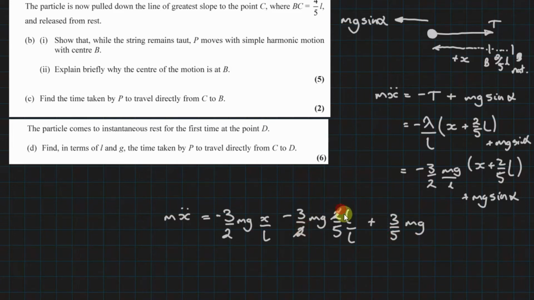Simplify this one in the middle, and we get minus 3/5 mg plus 3/5 mg. That's the correction for the equilibrium. The stretch to get to the equilibrium is balanced by the weight of the particle. So these two cancel out. This gives me my final version of the acceleration formula as being minus 3 over 2 g x over L. Let's put the L with the g, because it comes in handy in a moment for the forms.